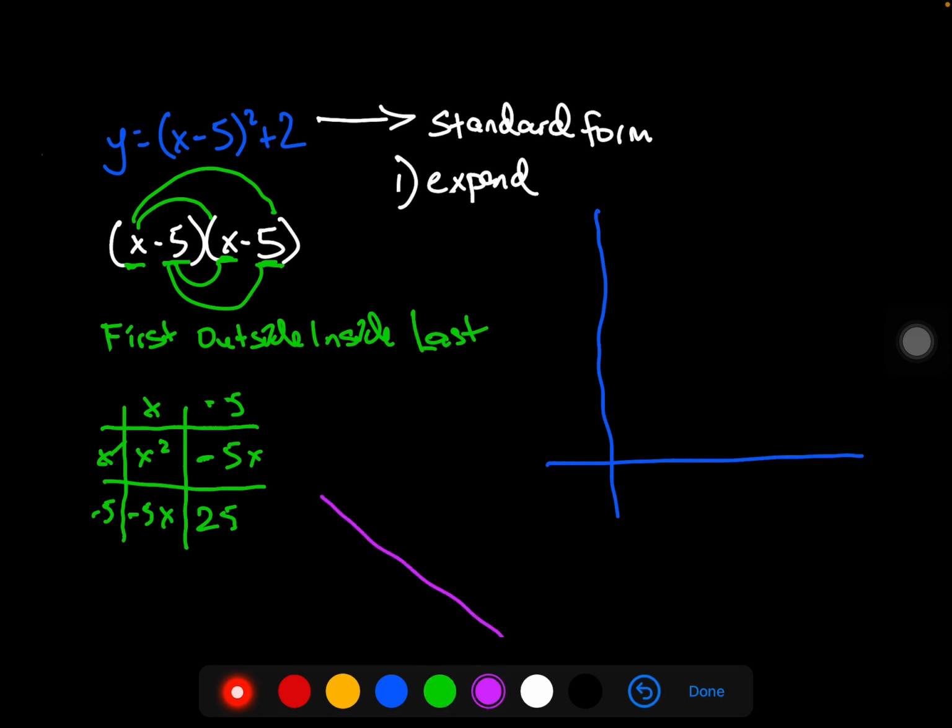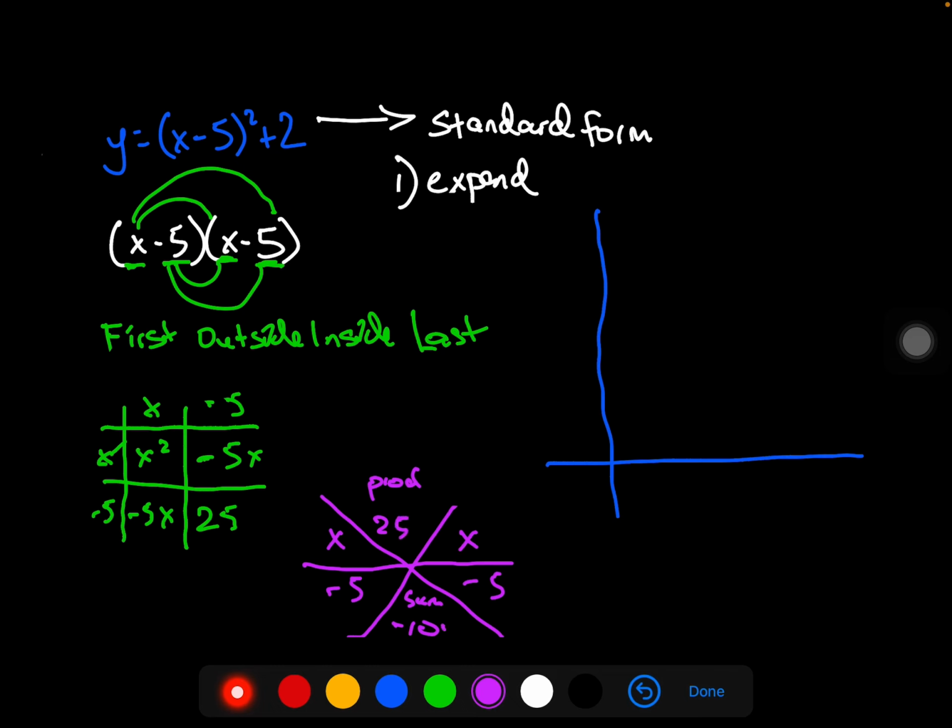Some students also learn or respond better to the snowflake method, where we're going to put x minus 5. Here's our first parentheses. There's our second parentheses. Then we're going to put the sum of negative 5 and negative 5 here, which is negative 10. And we're going to put the product up here. Negative 5 times negative 5 is 25.